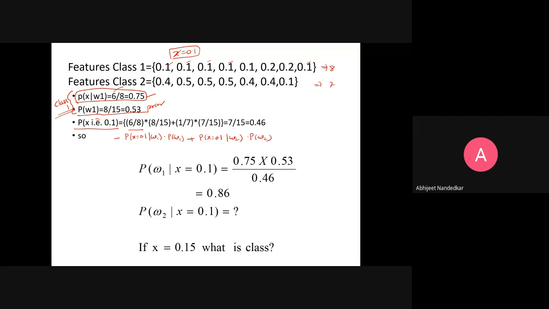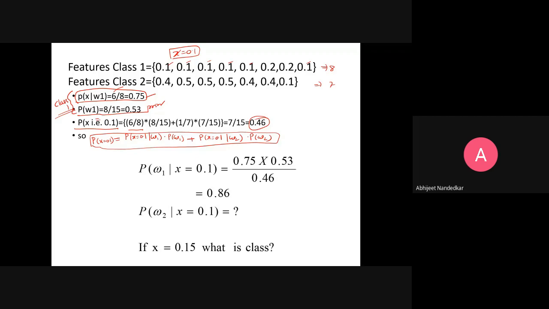So this will be probability of x is equal to 0.1. How this is obtained, we will see again in detail. This is called the sum rule. Okay, so we will see this in detail. So it will be 0.46.